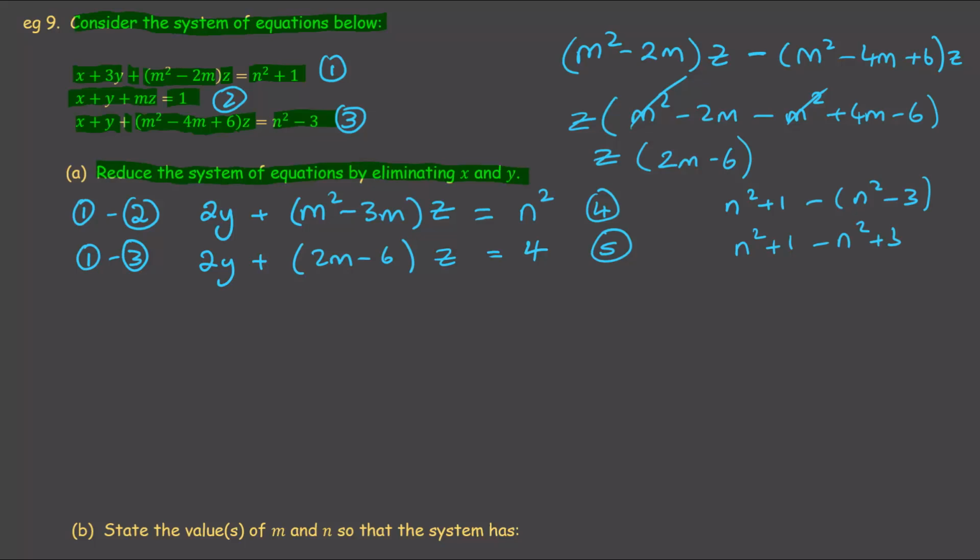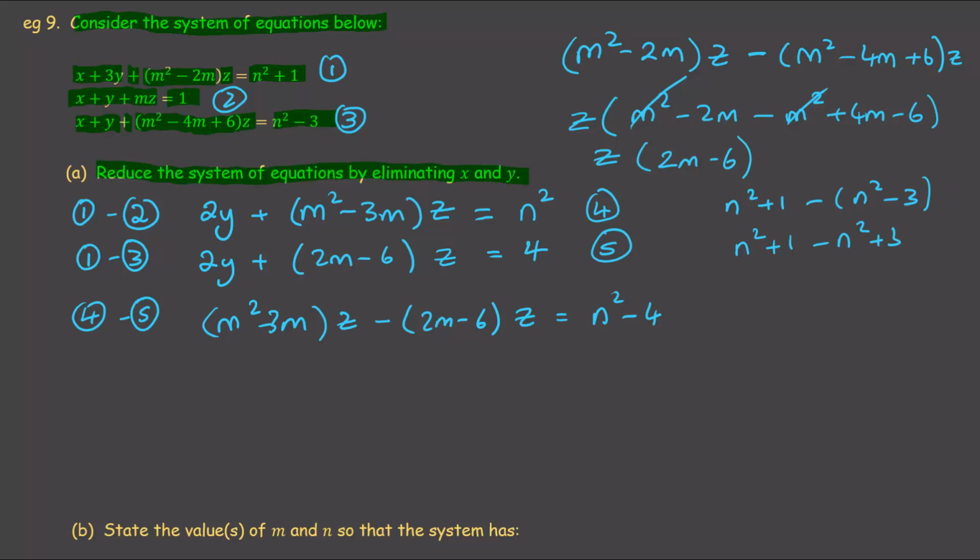We can then do equation 4 take away equation 5, since both of those equations have 2y. And then we'll have m squared minus 3mz take away... correction, there's 3 m's there, isn't there? m squared minus 3mz take away 2m minus 6z equals n squared minus 4.